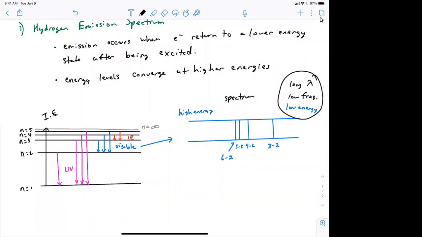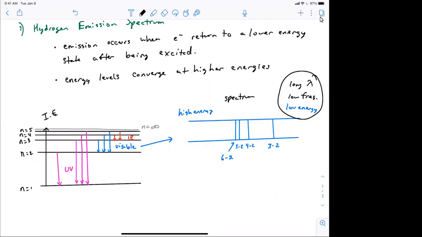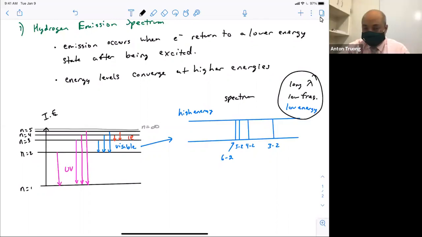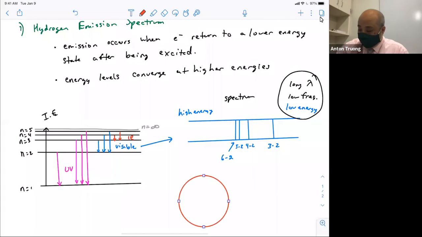So in this case, the color red would have the highest energy because it's the shortest wavelength. No, wait, hold on a second. Red is the longest, so it'd have the lowest energy. Yeah. In case of the color wheel sketch, it's given to you in your data booklet, but on the multiple choice you won't have it.